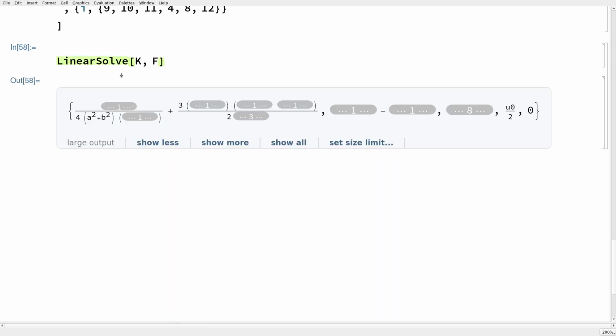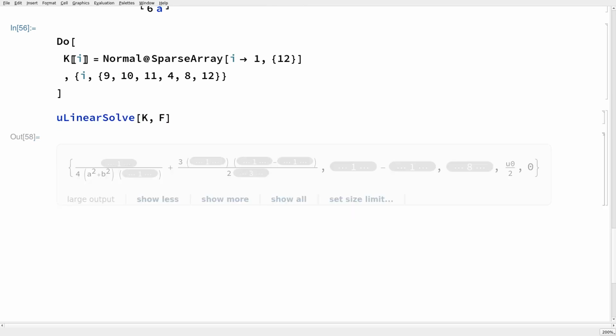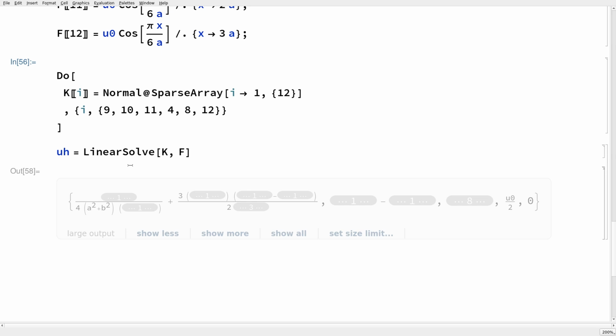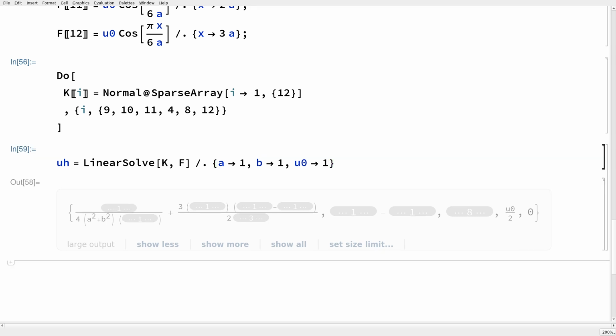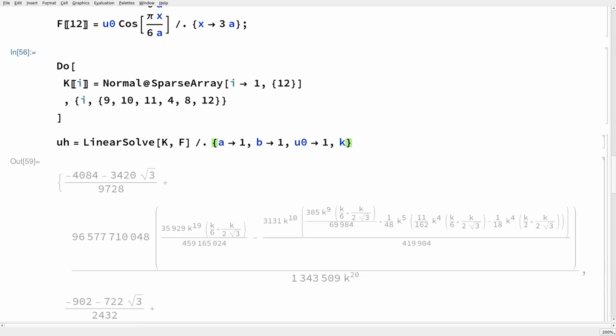So let's just say a is equal to 1, b is equal to 1, u0 is equal to 1, k is equal to 1.